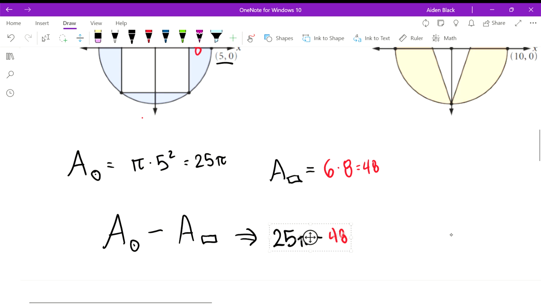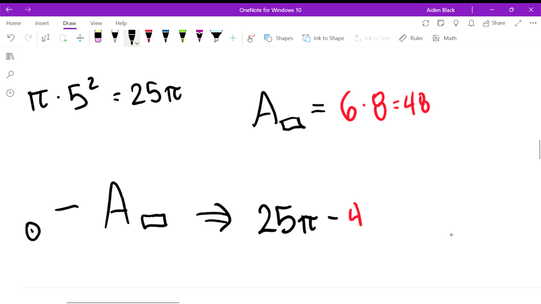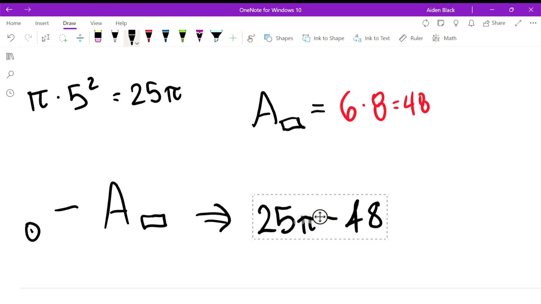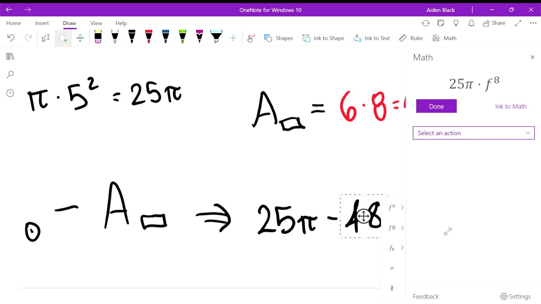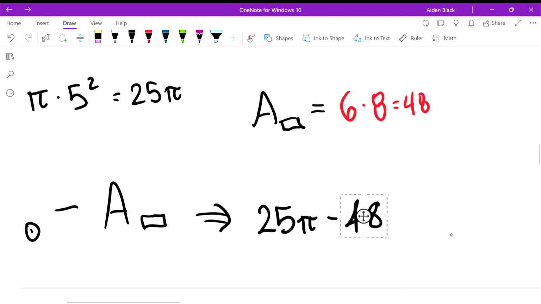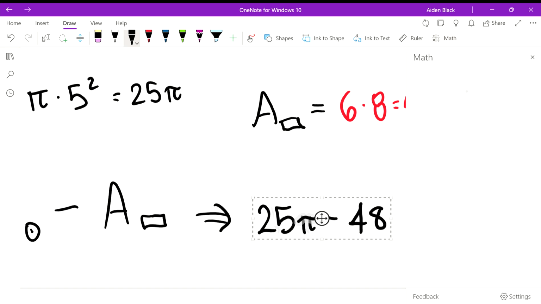Let me actually type this so it's legible. 48. It's having a hard time reading 48. Hopefully this will work now.